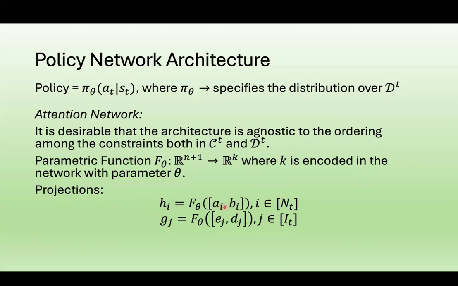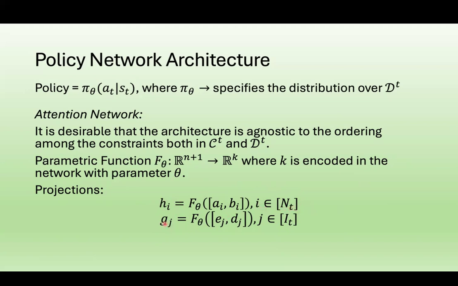Now AI is basically a vector of size n and BI is just an element. We concatenate it to make it a vector of size n plus 1, and we feed this vector of size n plus 1 to this parametric function f theta to get a vector of size k. And we do this projection for all the constraints. That's why I belongs to NT.